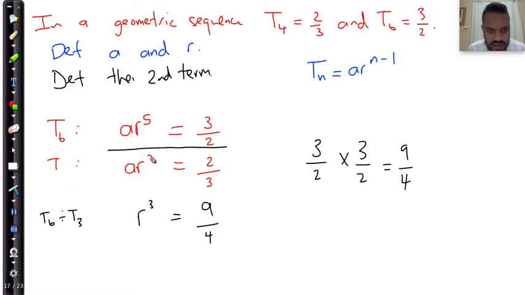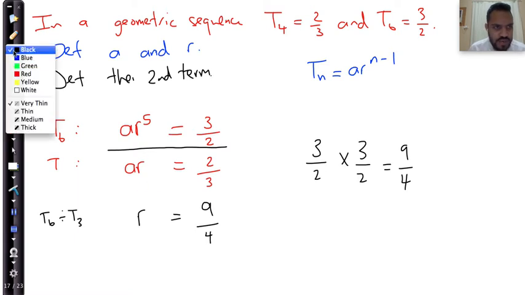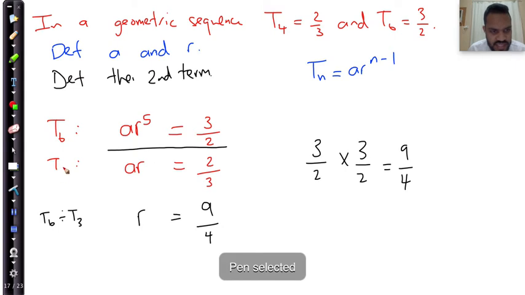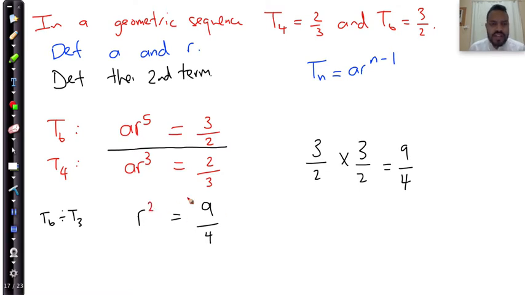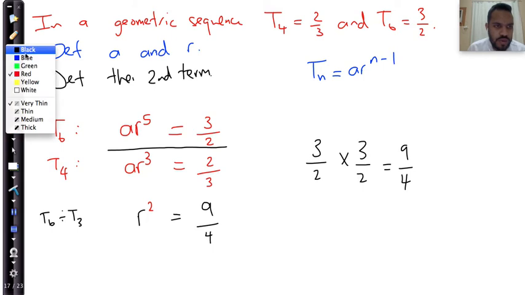So all of these three things will change. So let's just change that quickly and see. This is supposed to be T4, and that's supposed to be AR cubed. So if I divide the A's, I still get 1. And R to the power of 5 divided by R to the power of 3 is just R to the power of 2, right? So now we just take the square root on both sides.